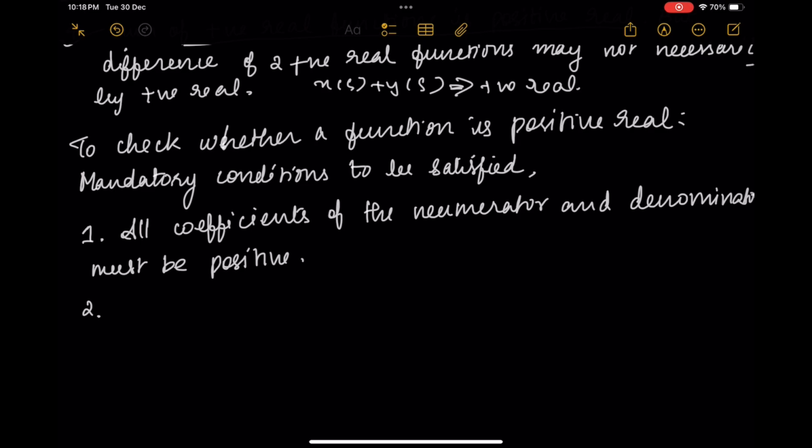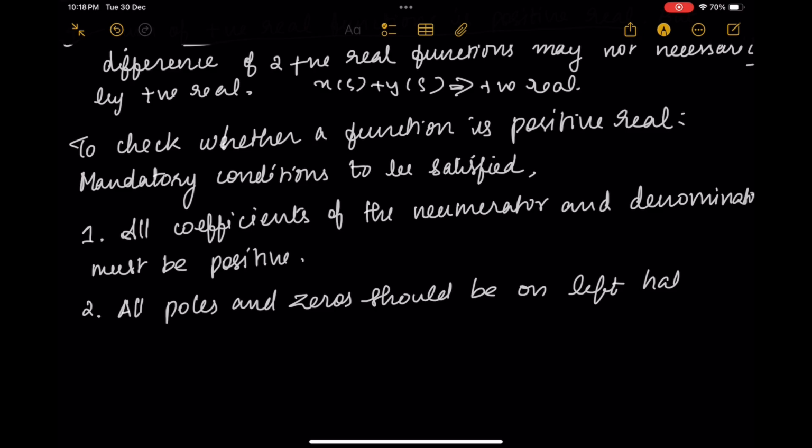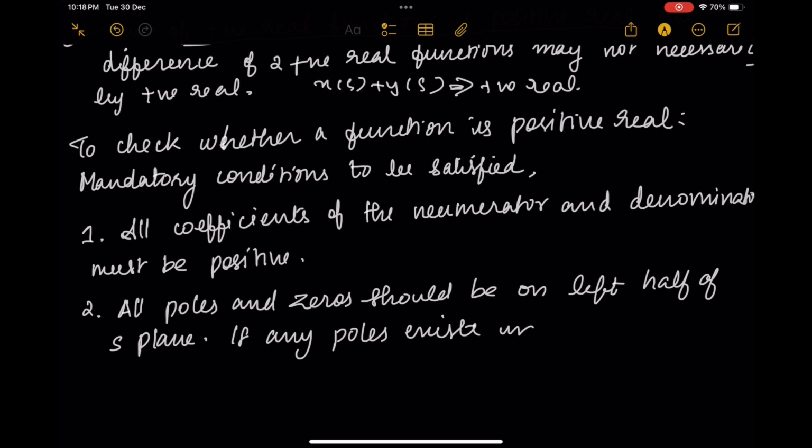And if any poles exist on the j omega axis, or we call it the imaginary axis, it means in an S-plane there is s axis and j omega axis.